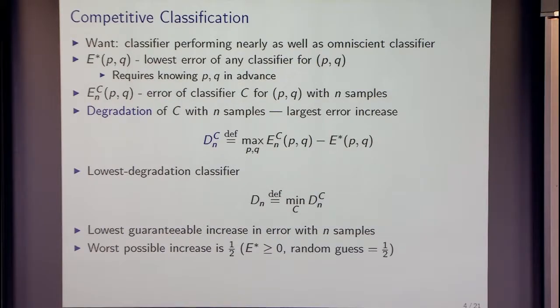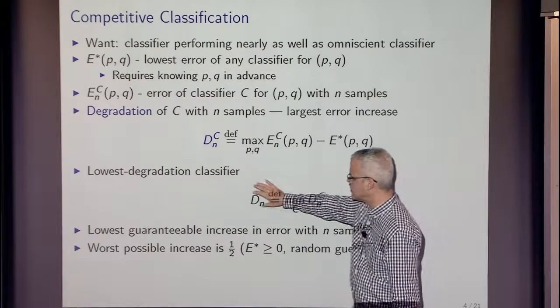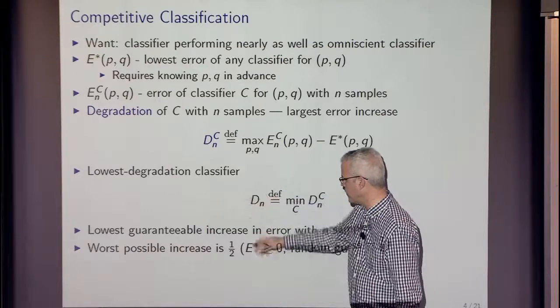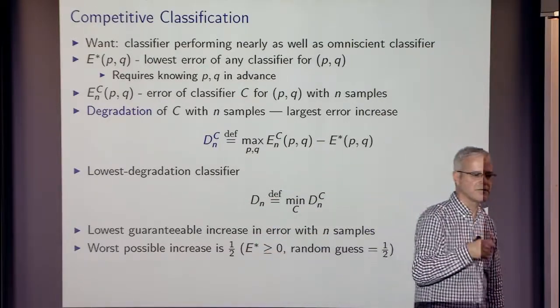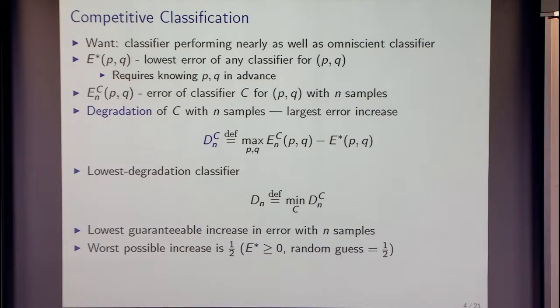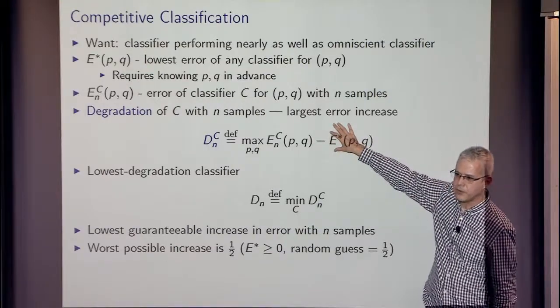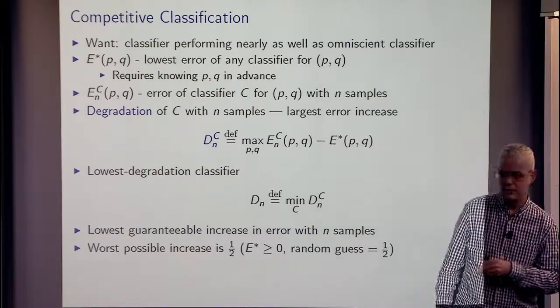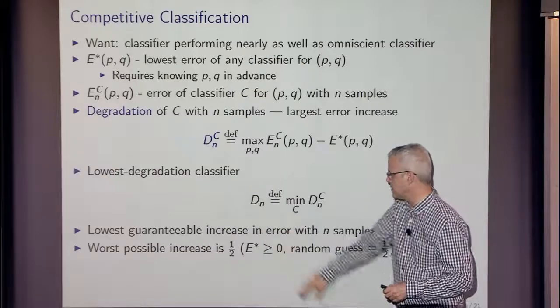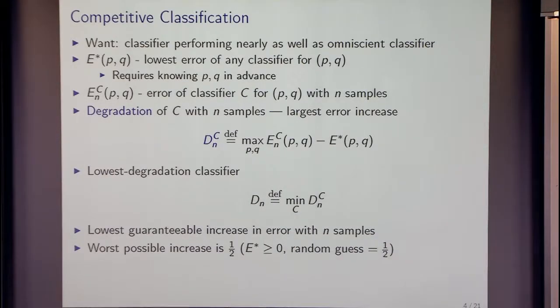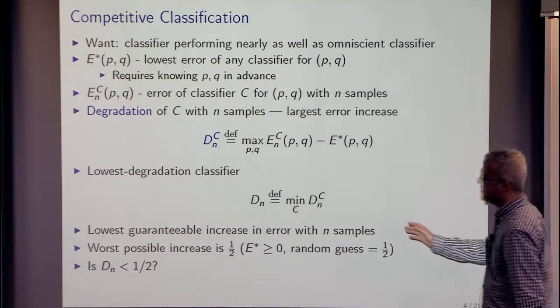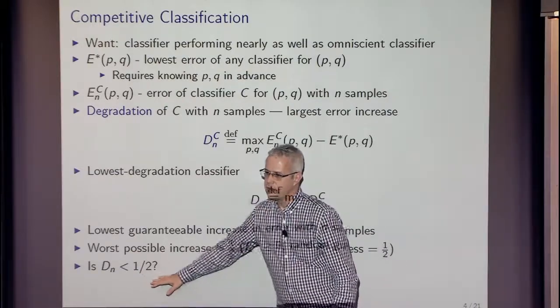And observe that the worst possible increase is 1/2. It will never be more than 1/2 because you can always take a classifier that randomly associates Z with something, so its error is 1/2. E star is always at least 0, so the difference is at most 1/2. So this number D_n is at most 1/2.